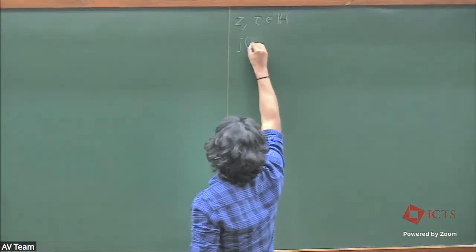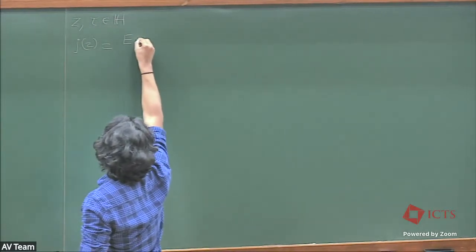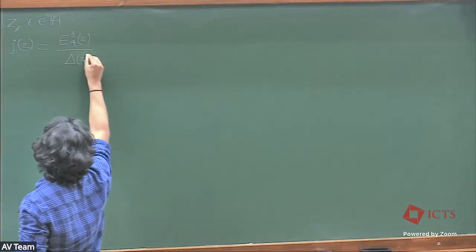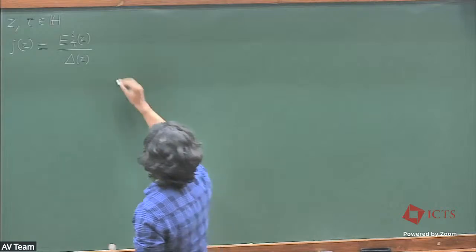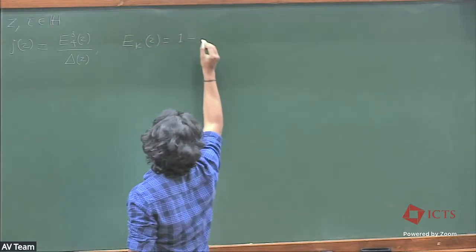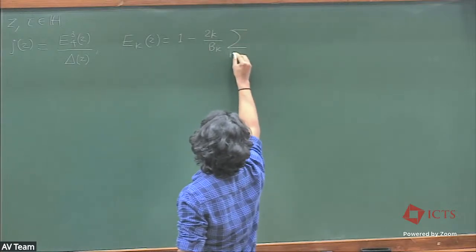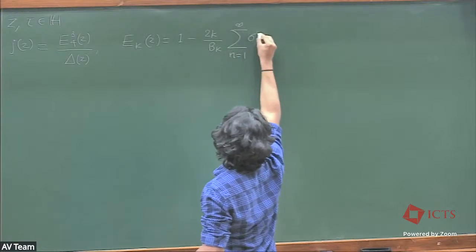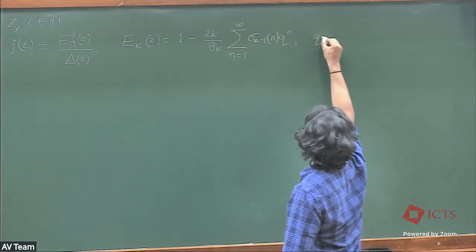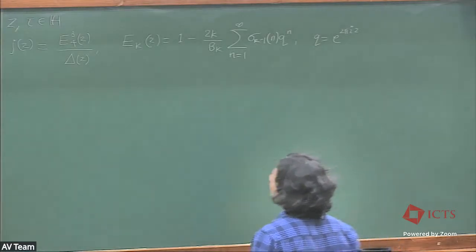As was already introduced by Professor Murthy in his talk, the j function is this ratio, where E4 is the Eisenstein series. So Ek is the Eisenstein series. q is, as usual, e to the 2 pi i z.